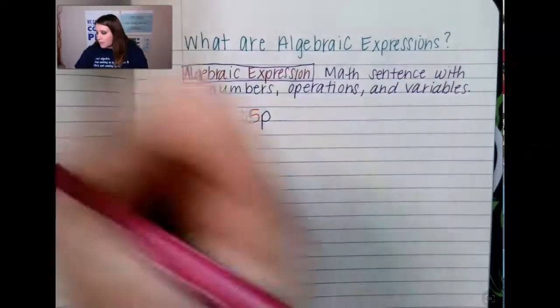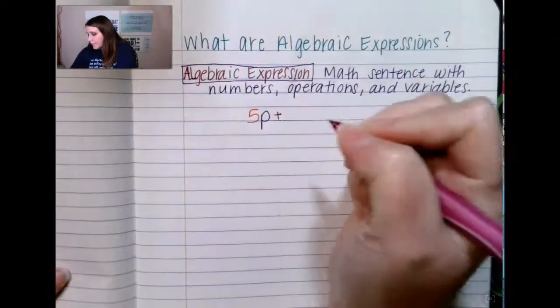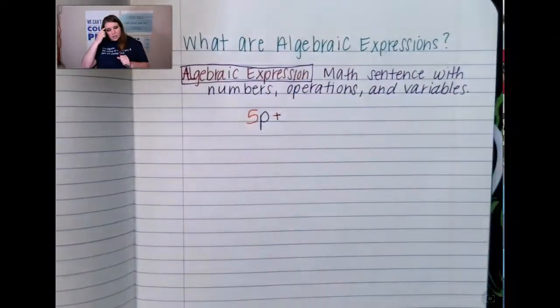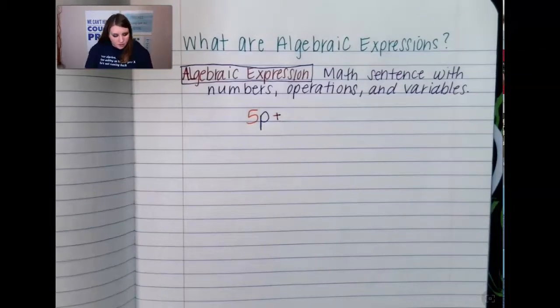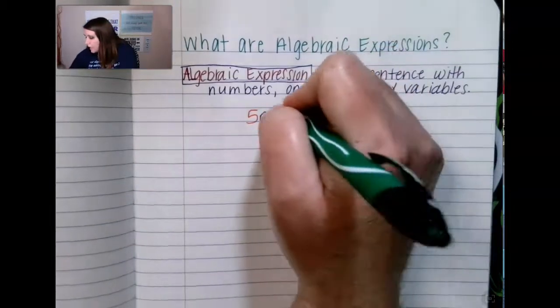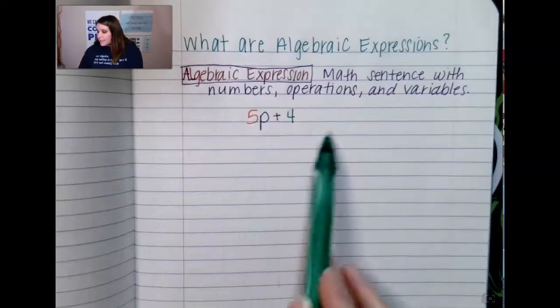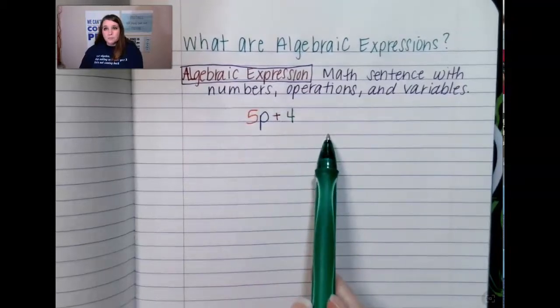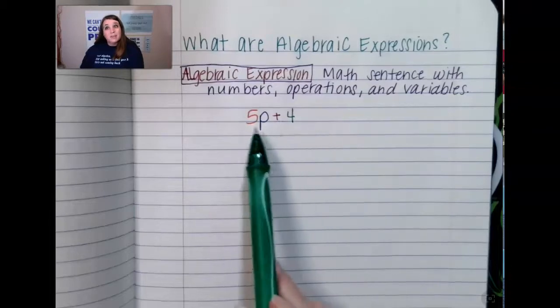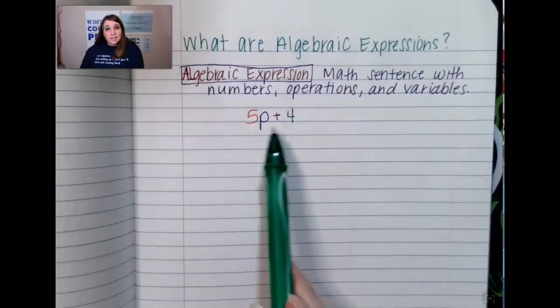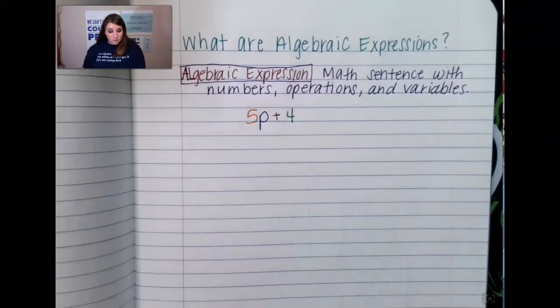You would have an operation like a plus sign, and you would have just some regular old number, like a 4. Okay, this right here is an example of an algebraic expression. So now we're going to break this algebraic expression into different parts.